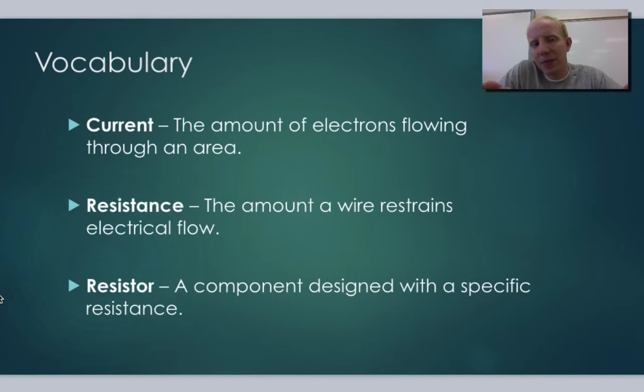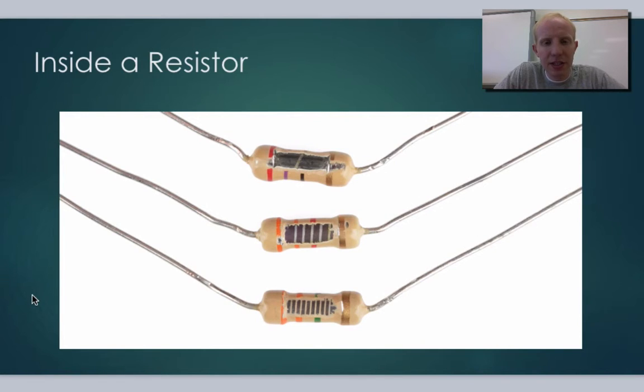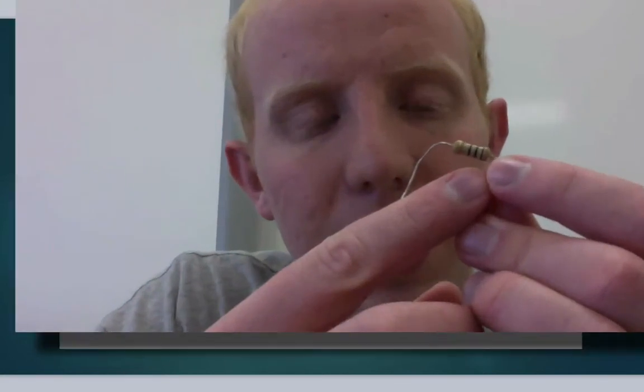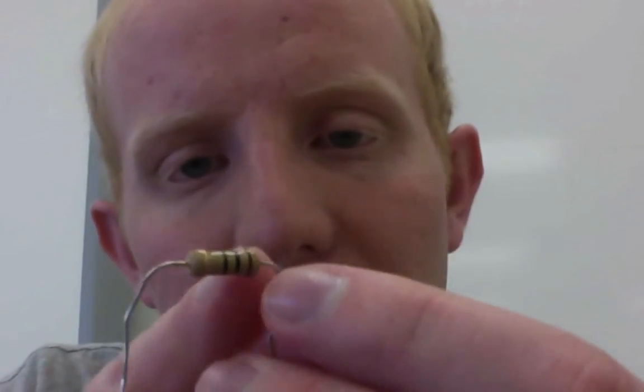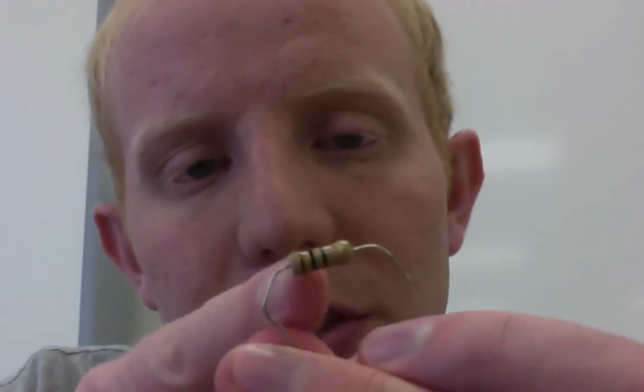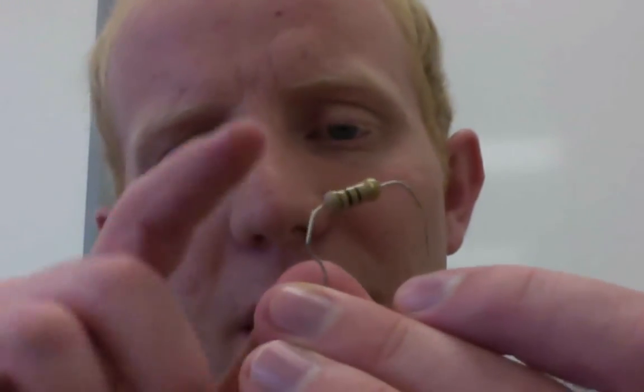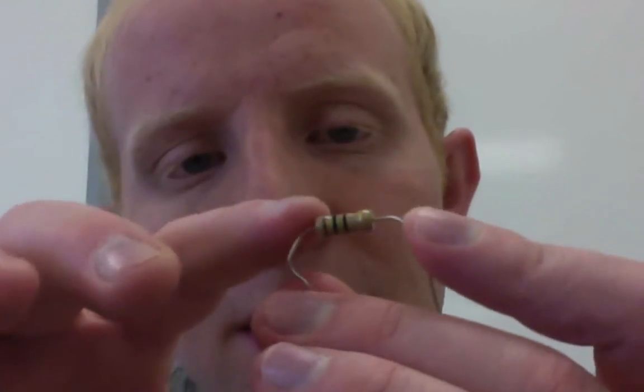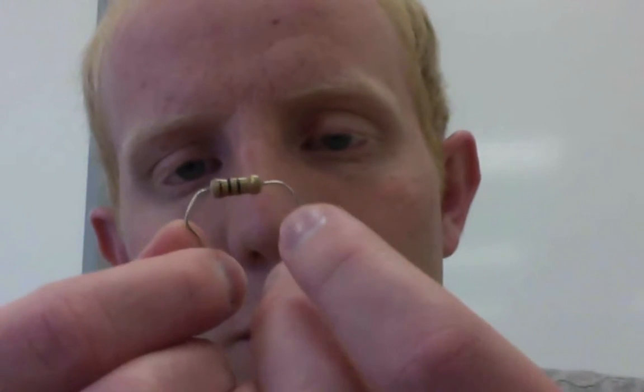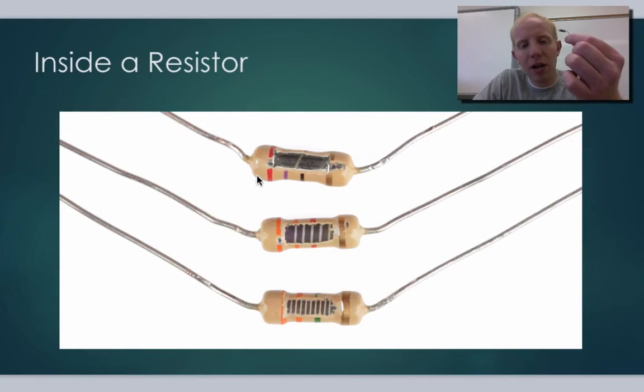All right, so let's look at how these things are designed. How do you make something that slows down electrons? If you look at the inside of a resistor, it kind of looks like this. You can see there's these different little bands on the edge of a resistor. These different colors tell you how much resistance is inside this resistor, but in reality, all it is is just a wire, but it's looped around on the outside of the resistor.